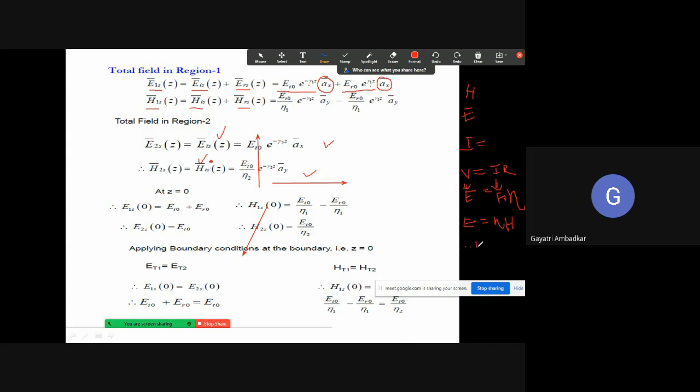Therefore, you can write H in terms of E as E upon eta.